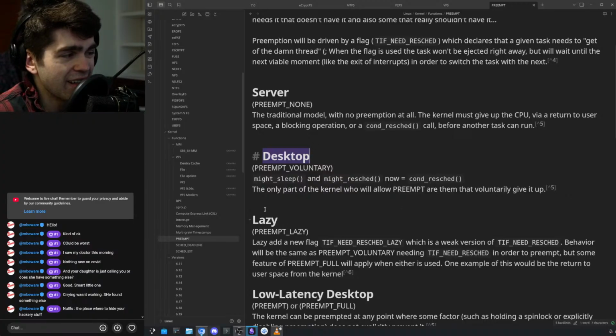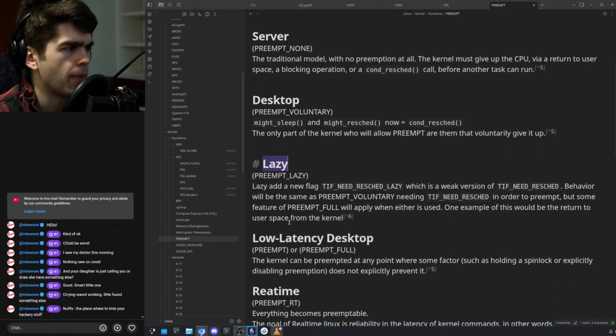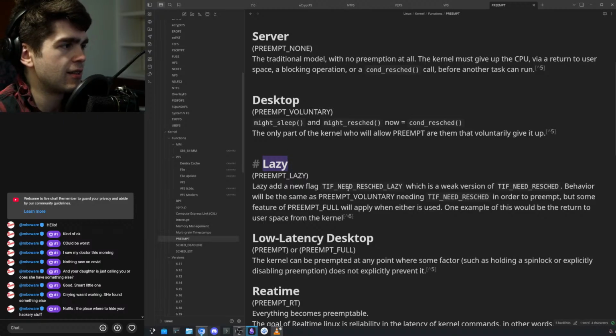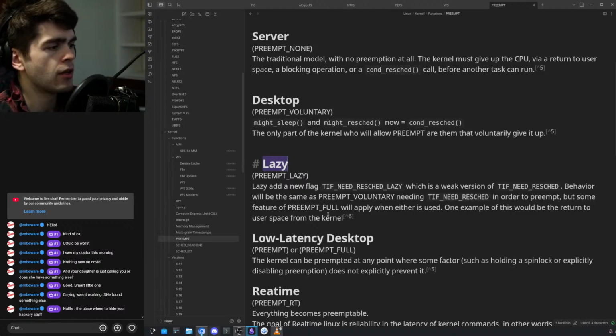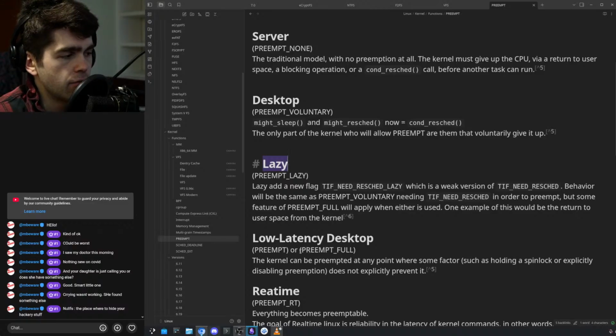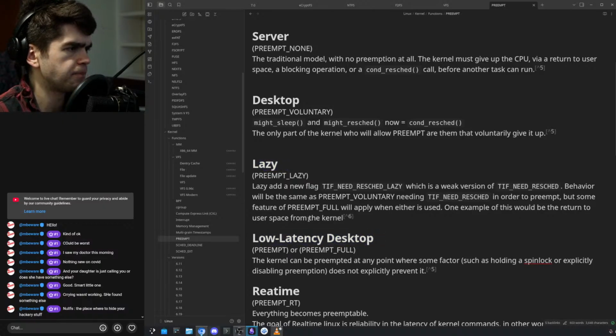So technically, if you're using a desktop right now, you should be using lazy mode. Now, preempt lazy not only applies where voluntary applies, but it also applies a lot of things that were normally used for the low latency desktop, low latency kernel.